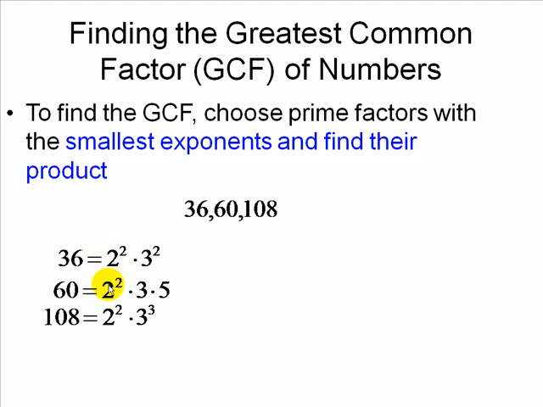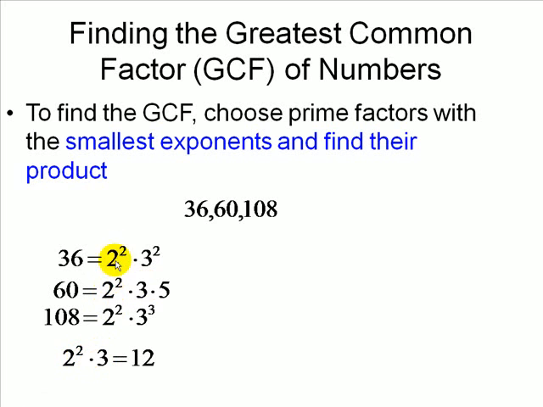We see here 2 is common among all of these numbers, and the smallest exponent is 2. So 2 squared is one of those prime factors. Next we have 3. 3 is common to all of these numbers, however the smallest exponent is 1. Therefore, we have 2 squared times 3.